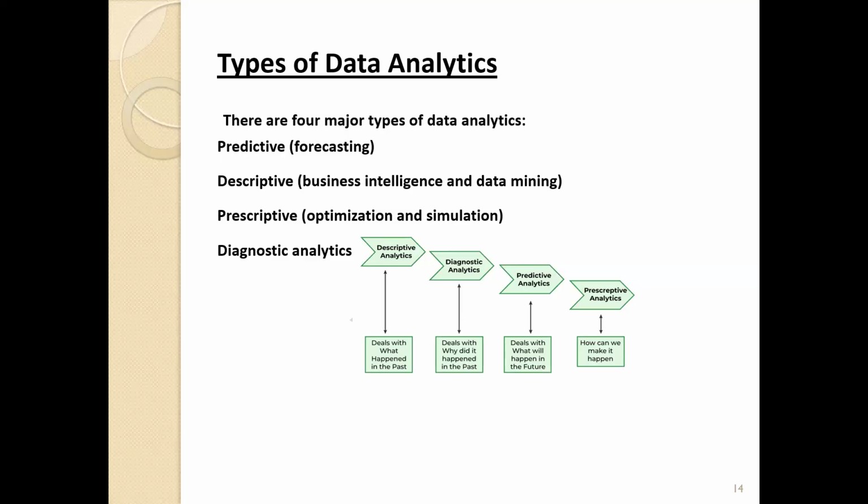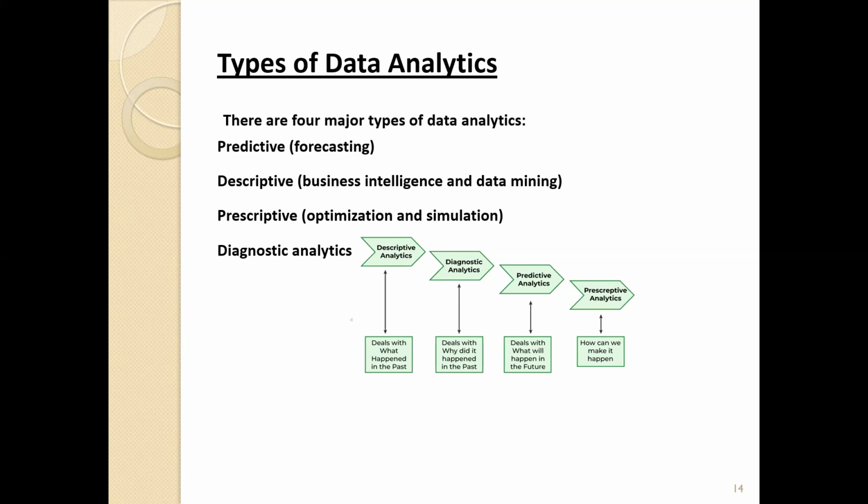Next one is descriptive. Descriptive analytics deals with what happened in the past. Predictive is purely on the future, and descriptive is purely on the past. So what are the things that we can do to improve our product?